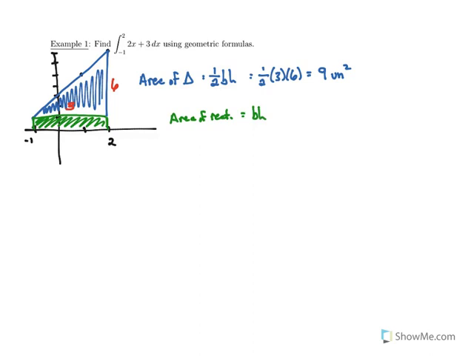In this case, the height is 1 and the base is 3 that we already saw. So this will give us 3 times 1, 3 units squared. So the area total, which is given by the integral, is equal to 9 plus 3, or 12 units squared.